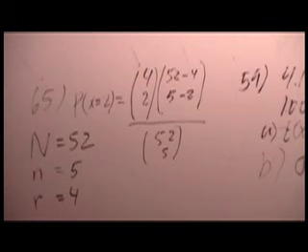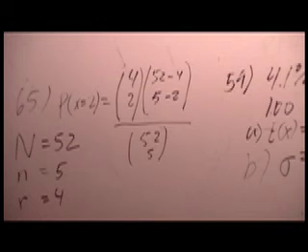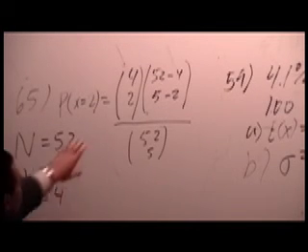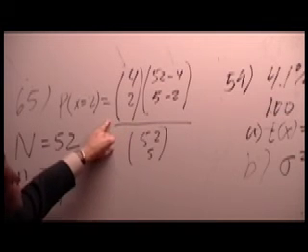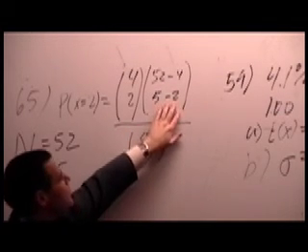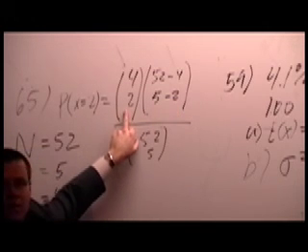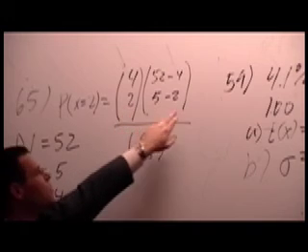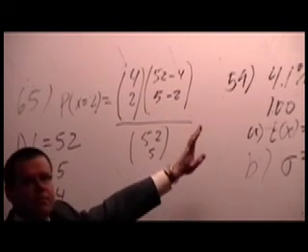X changes. We're calculating the probability of getting 1 ace instead of 2 aces, so x is now 1. What changes here? 5 minus 1 instead of 5 minus 2, and 4 choose 1. These two numbers change, they become 1, that's it.